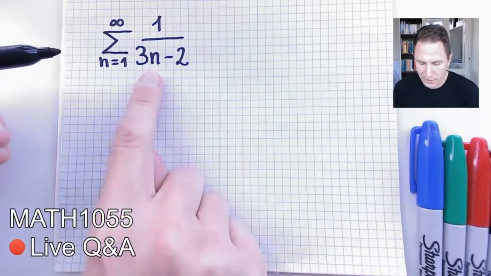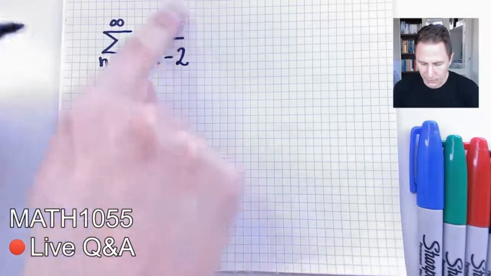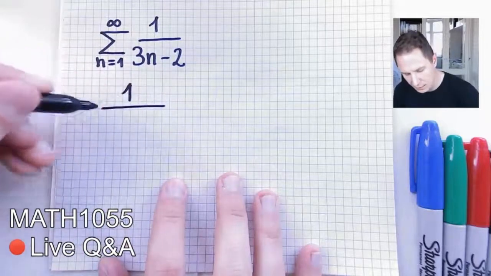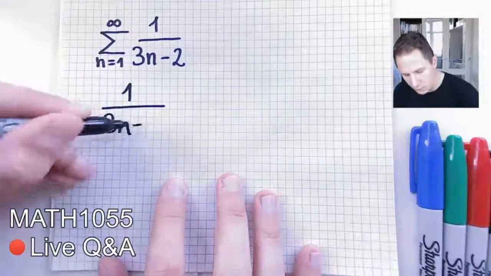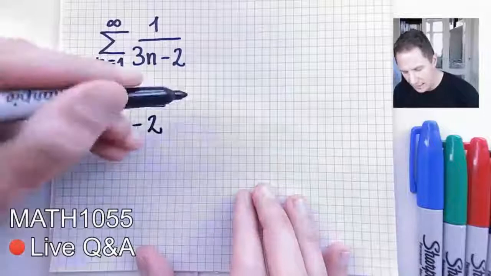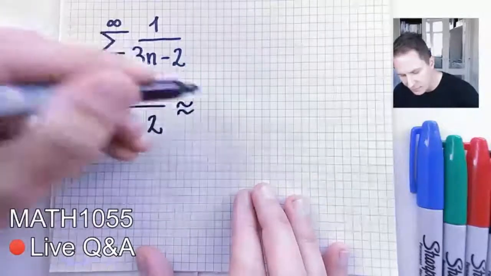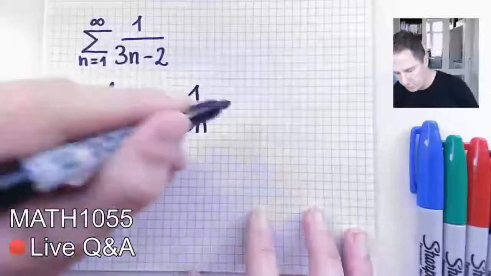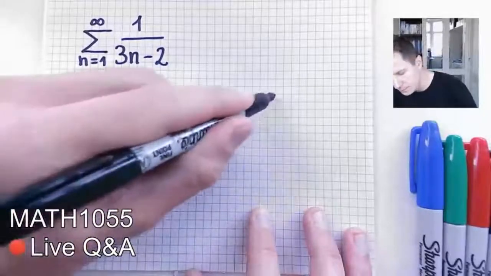That's already a hint. If you have to have an initial guess, our guess is that this is something like 1 over 3n for large n.